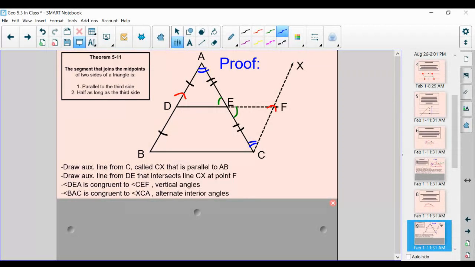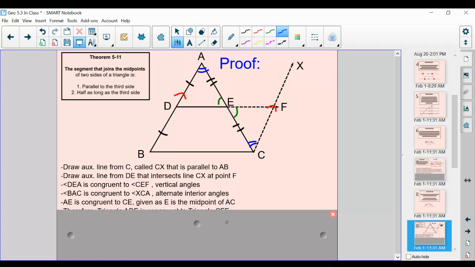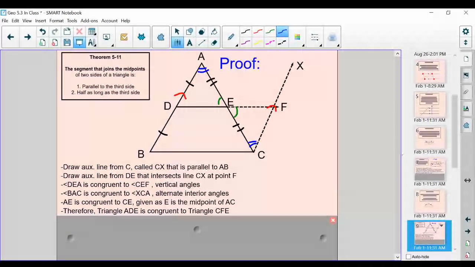We have line AB and line XC, those are parallel. So the line AC cuts through as a transversal. So we have those alternate interior angles. As you can already tell, AE is congruent to CE because we know that E is the midpoint of that entire segment AC. So now we have triangle ADE is congruent to triangle CFE using angle side angle.